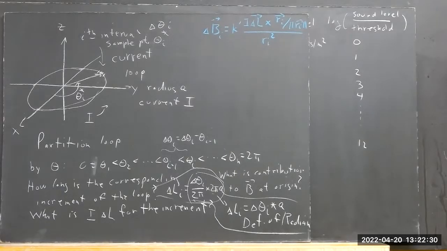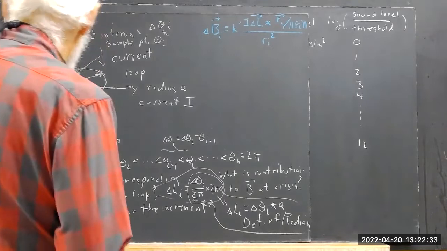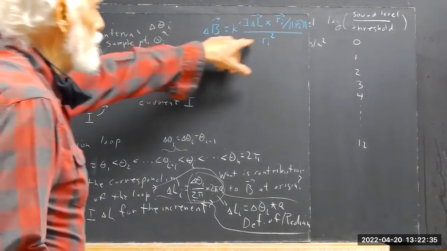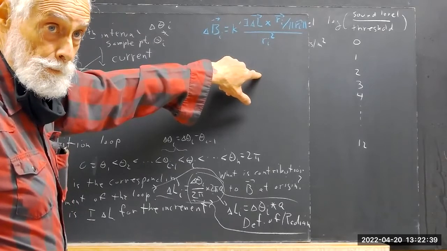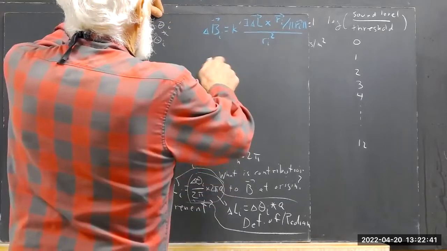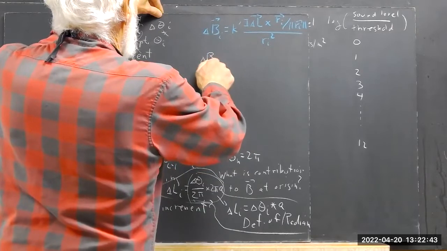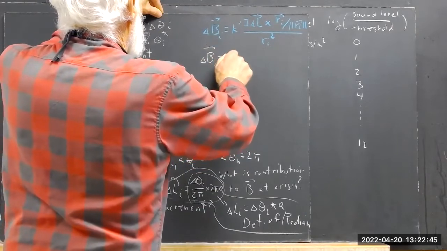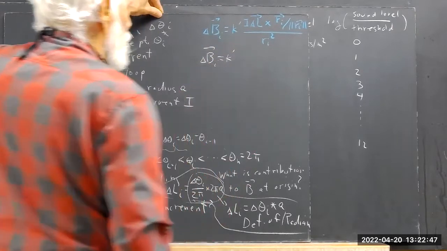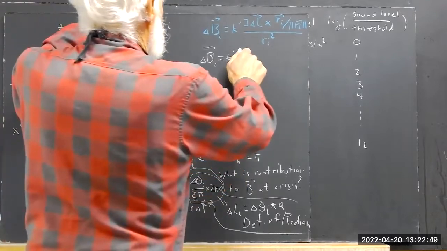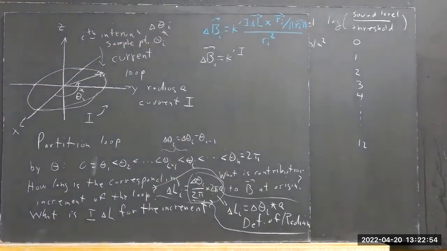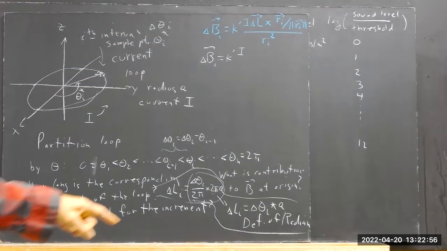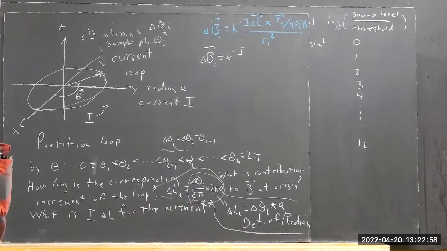Right there is what your delta B sub i is. It's K prime times I, and delta L has a magnitude of delta theta sub i times A, right?